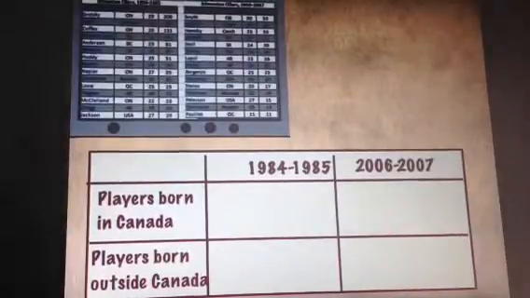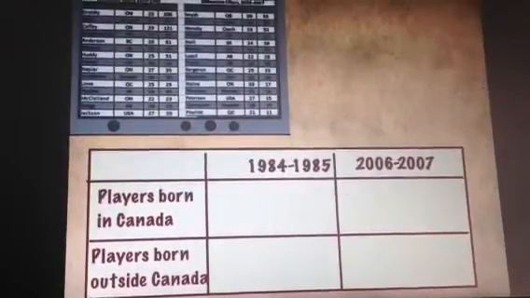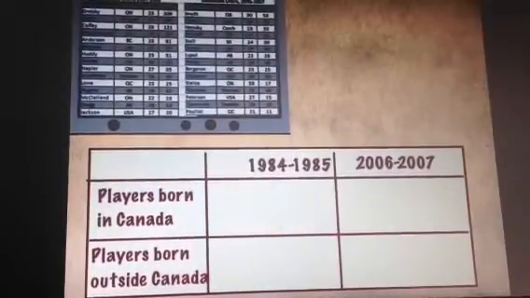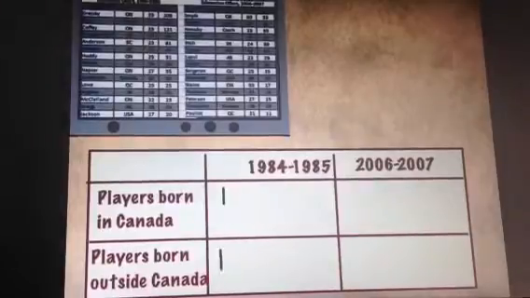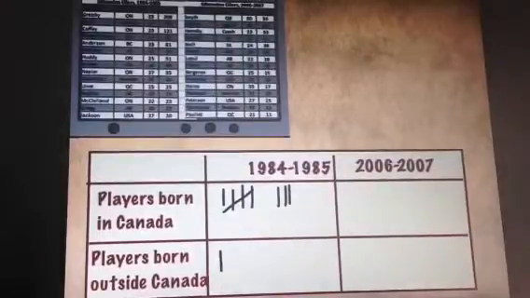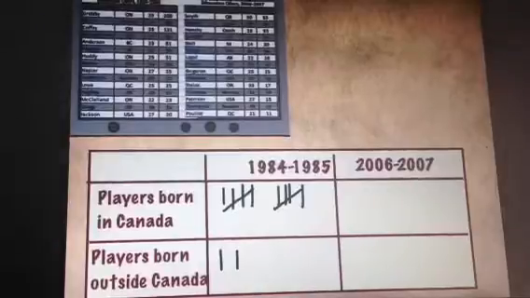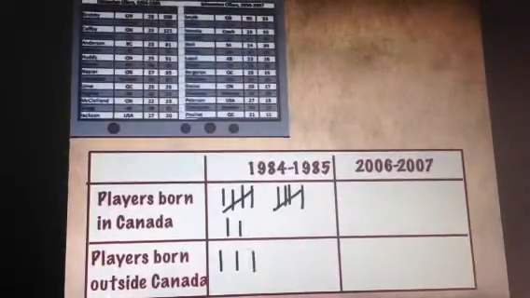So here's a tally chart, or it's not a tally chart yet, but we'll go through. So in 1984 to 1985, I have Wayne Gretzky born in Ontario, then I have Finland, then Ontario, Quebec, BC, Alberta, Ontario, Ontario, Ontario, Sweden, Quebec, Alberta, Ontario, Alberta, USA.